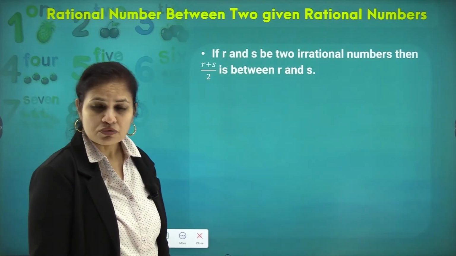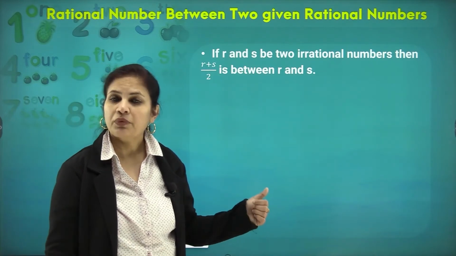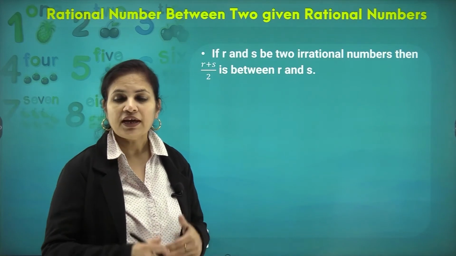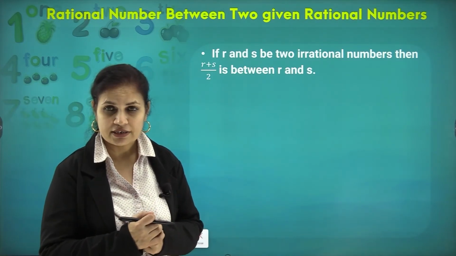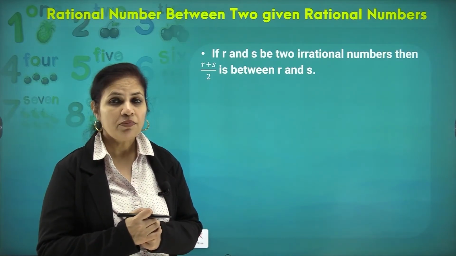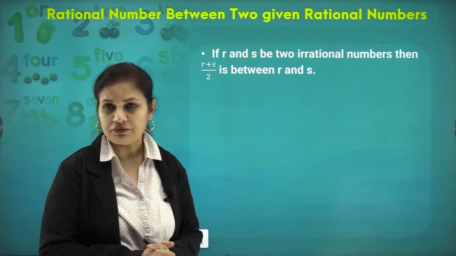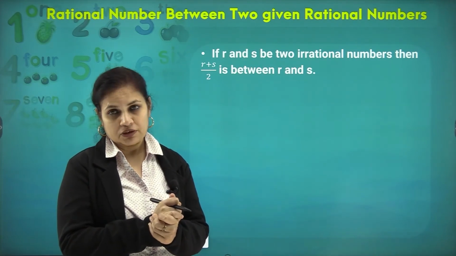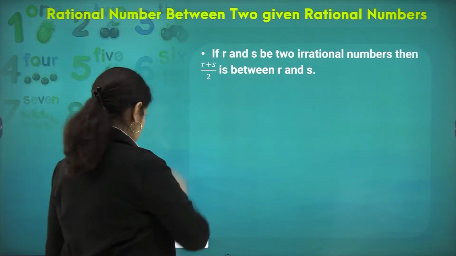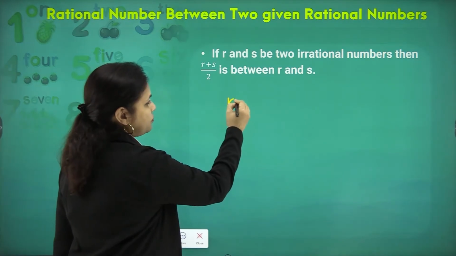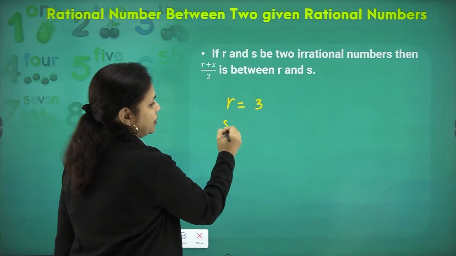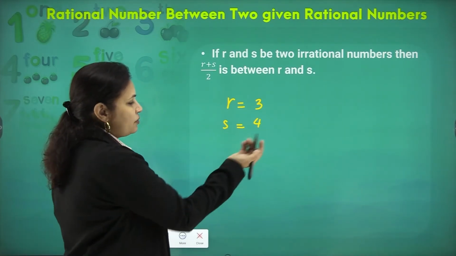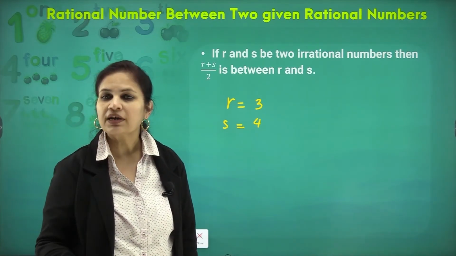Suppose I have two rational numbers. I've shown you with the example of 1 and 2, but if we generalize it, if I have two rational numbers r and s, how many rational numbers will be there in between? Infinite. Then between r and s, if I have to put one particular value, suppose r is 3 and s is 4, then between 3 and 4 on a number line will come the mid value.